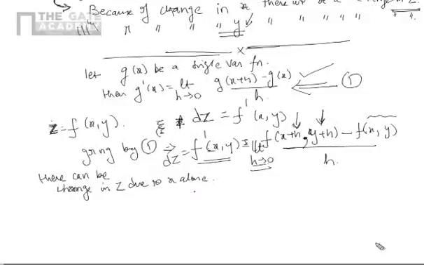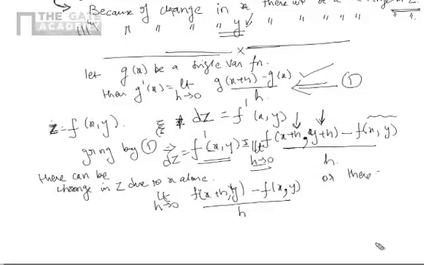Something like limit h tends to 0 of f of x plus h comma y minus f of x comma y by h, or there can be change in z due to y alone.